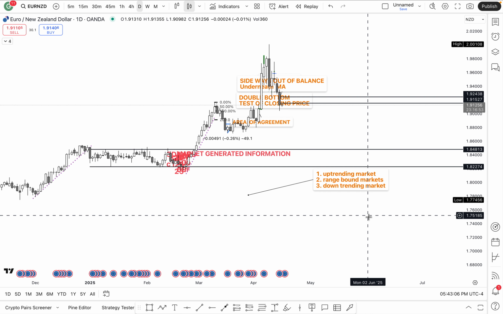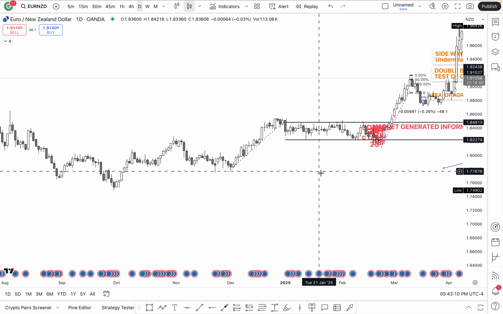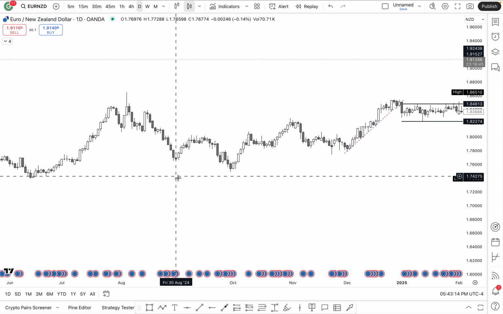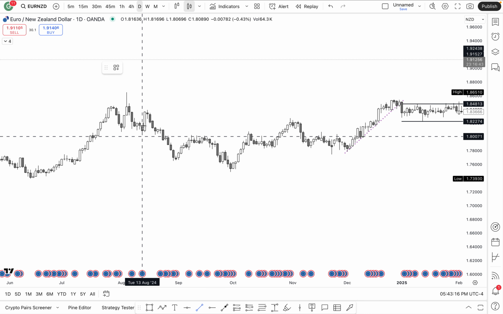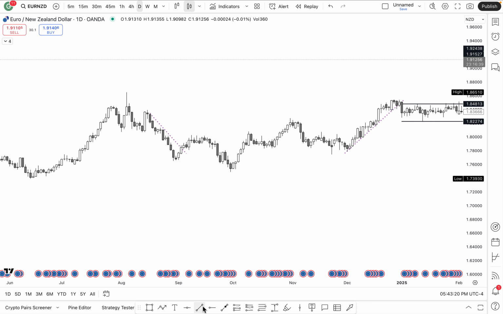Now structure, which people talk about, that is the structure of the market. The market will move from a specific trend, and all trends come to an end. Understand that every trend will come to an end.